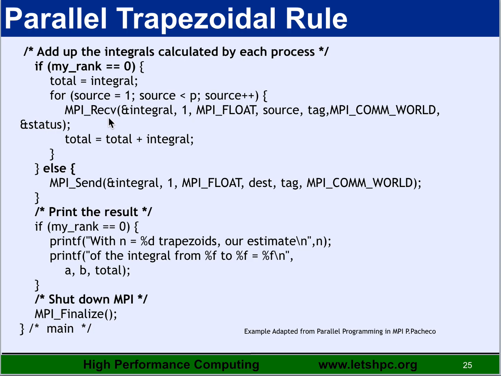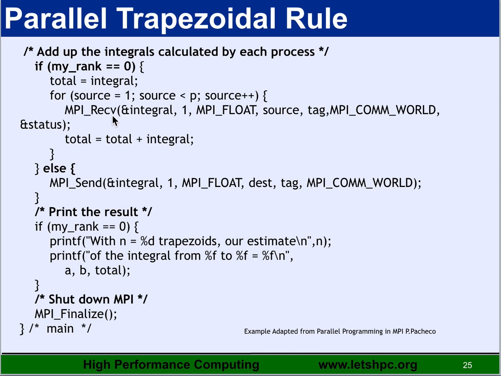All other processes start from 1, because this rank is 0, and the total number of processes is p, so the others go from 1 to p minus 1, and that is what the source we are going to put here.